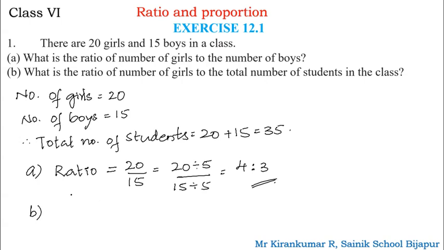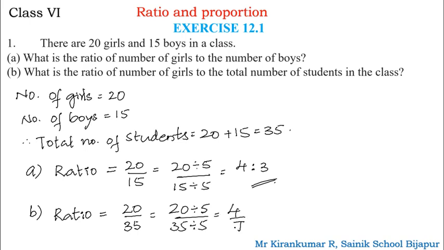For the second sub-question, we need to find the ratio of the number of girls to the total number of students in the class. We can divide both numerator and denominator by 5 to get the equivalent ratio, which is 4 is to 7. This will be the required ratio.